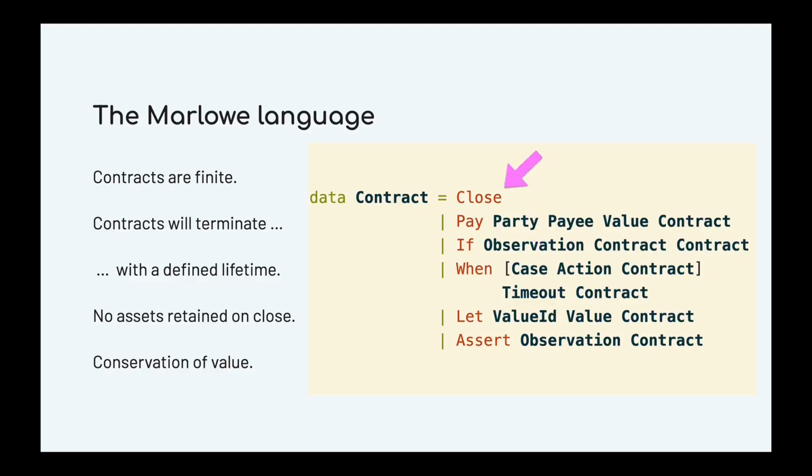And then finally we have the close, which has the semantics defined so that nothing is retained when we close. So there is the Marlowe language, a very simple set of constructs. But we'll see that we can use those in a variety of different ways, that we can construct Marlowe contracts in a variety of different ways.